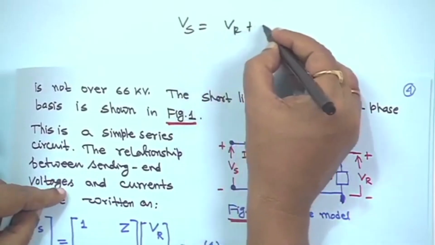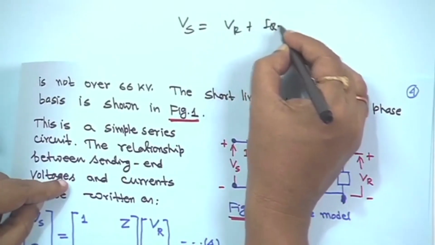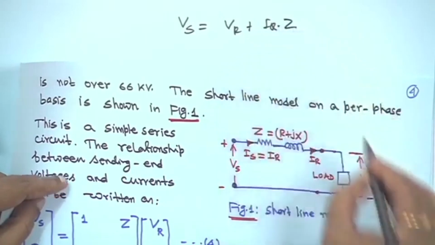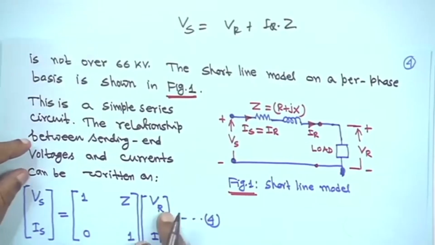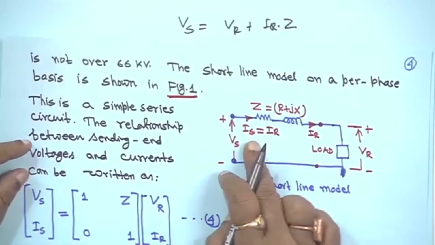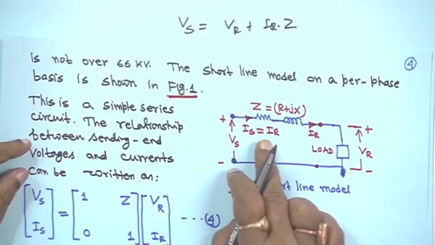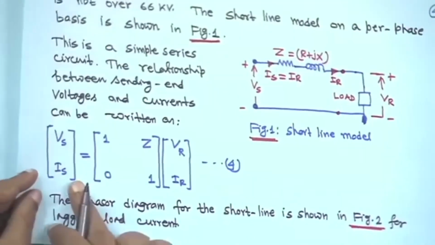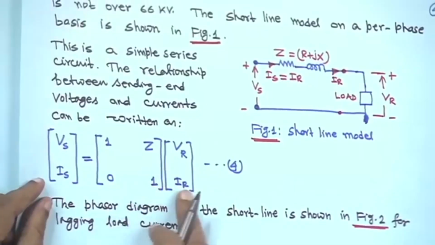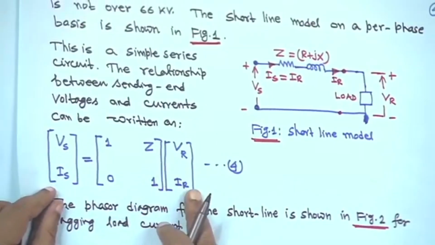Although Ir and Is are both the same here. So, in matrix form, Vs equals 1 into Vr plus Z into Ir, and Is equals 0 into Vr plus 1 into Ir.